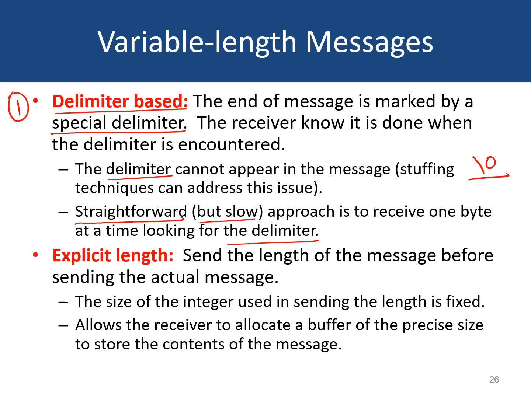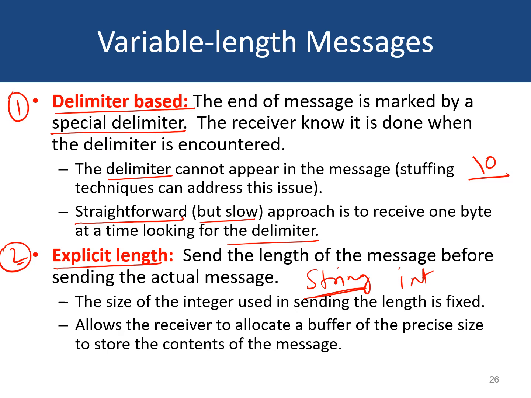Using delimiters to mark the end of a variable length message is one way. Another possibility is to explicitly send the length of the message before sending the actual variable length message. So for instance, let's say a sender wants to send a string and this string can be of variable size. Every time before sending the actual string, the sender can send an integer variable containing the length of the string that is to follow.